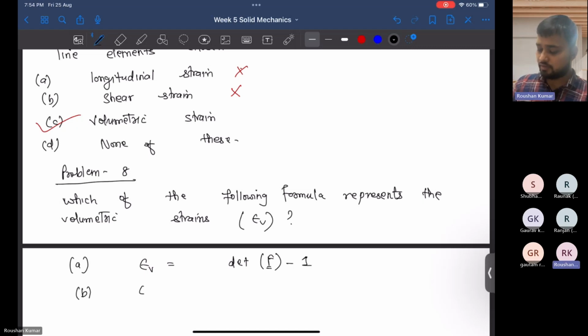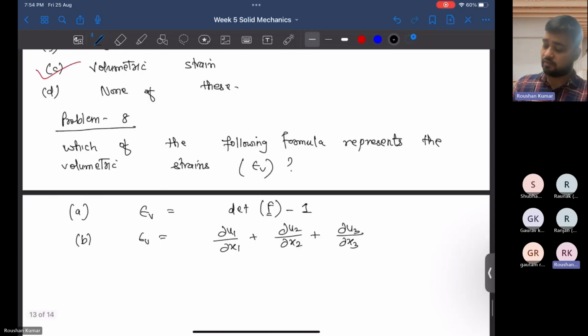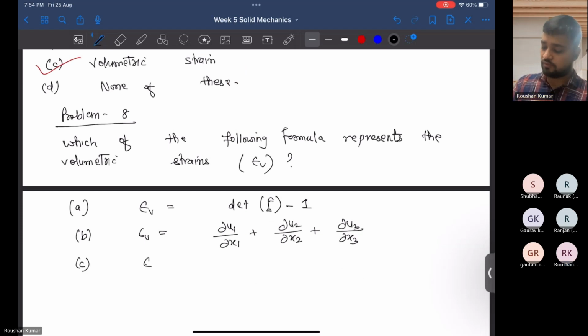The second: del u1 over del x1 plus del u2 over del x2 plus del u3 over del x3. The third: trace of grad u. The fourth: half of the trace of grad u plus grad u transpose.